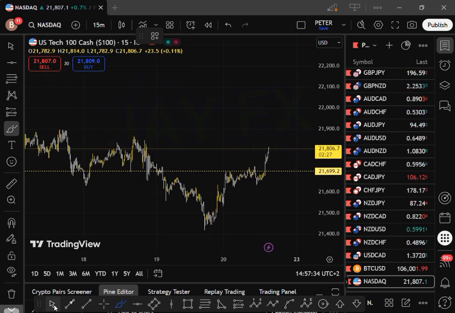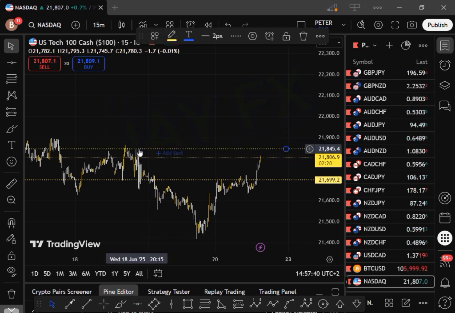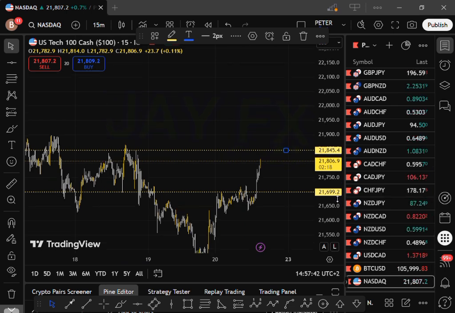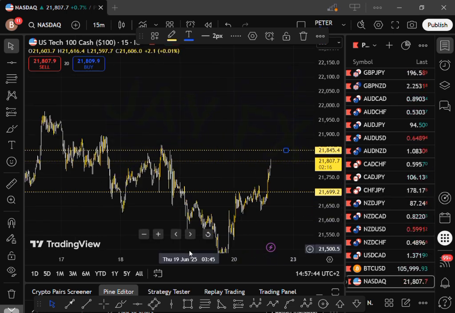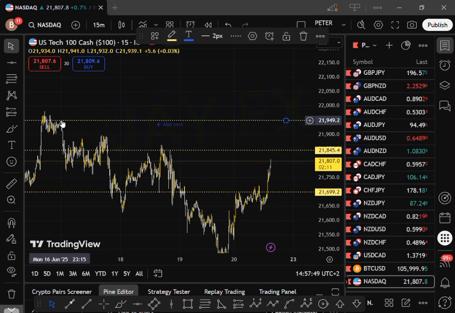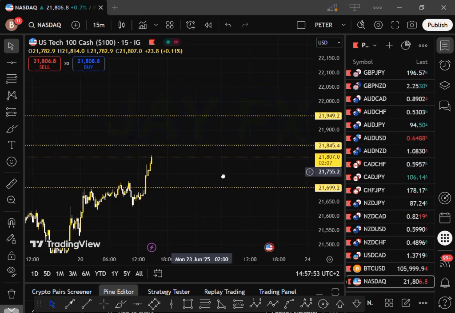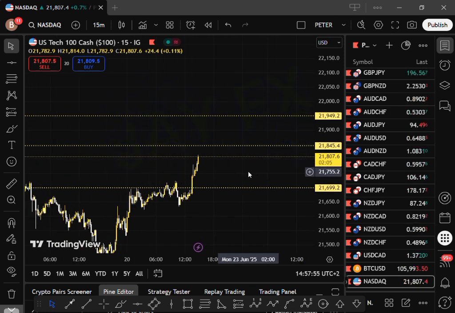I will wait for it to reach the first target, and from there I will know if I have to close this or wait until we reach the second TP, which is this. I'm sure if Nasdaq has a little bit of movement, it will reach there.